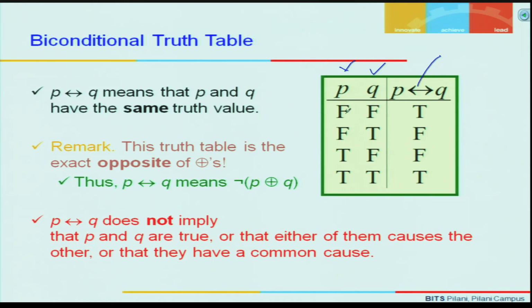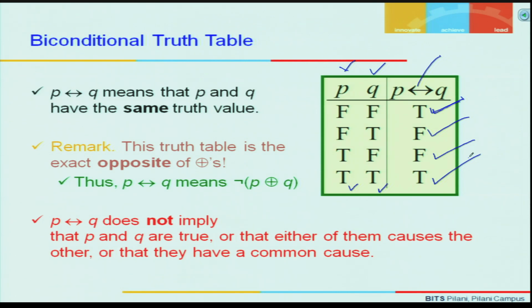When P assumes false and Q assumes false, P if and only if Q will take true as its truth value. It is defined like that. When P assumes false and Q assumes true, then P if and only if Q, this compound statement, will take false as its truth value. When P takes true and Q takes false, then P if and only if Q takes false, and when P takes true and Q takes true, P if and only if Q takes true as its truth value. This is how it is defined.